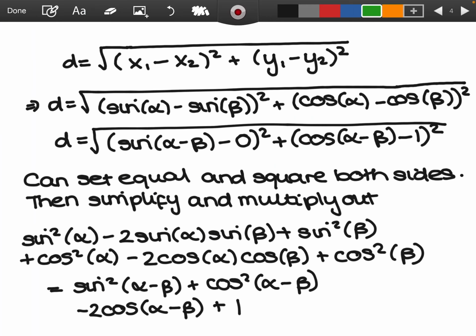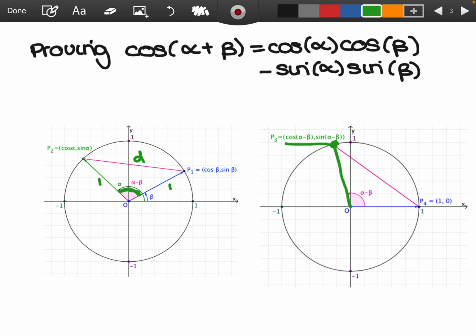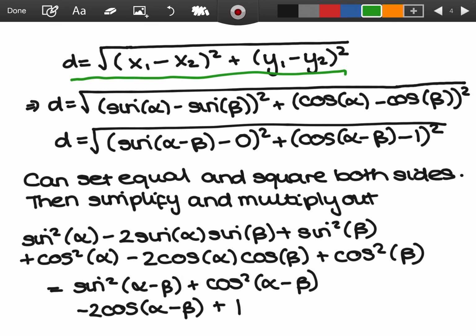Now I'm going to bring in the distance formula. So the distance between 2 points, x1, y1 and x2, y2, the straight line distance between those 2 points in the plane can be given by this formula here. I'm going to use that 2 different times. First, I'm going to use it on our first circle here. So I'm going to take my points x1, y1 and x2, y2.